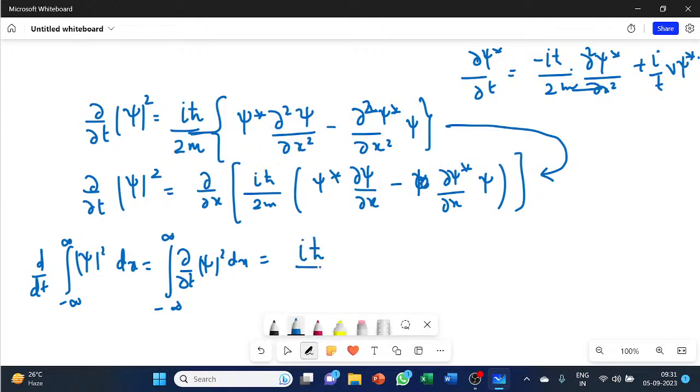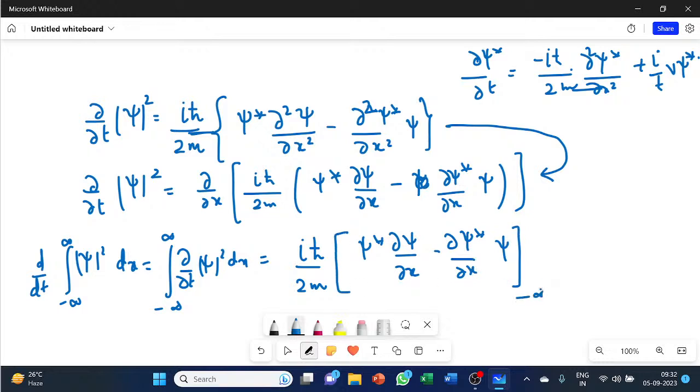I'm left with iota h cut upon twice m, evaluated from minus infinity to plus infinity.